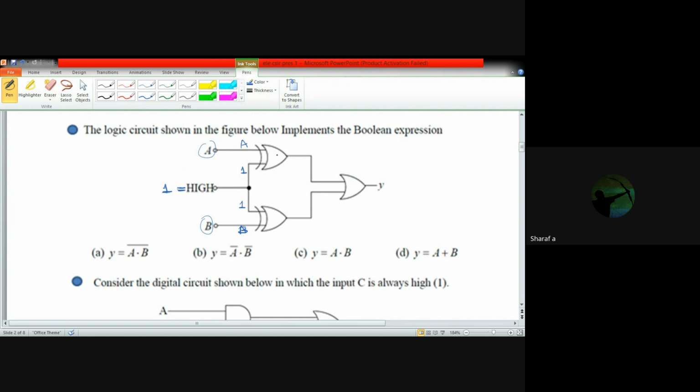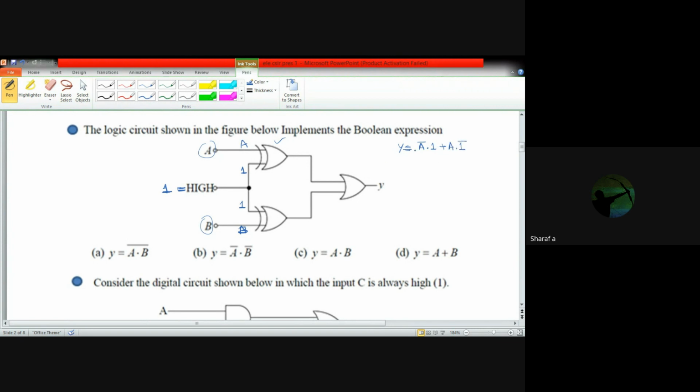Then, as you know, this is the XOR gate, and for the output of this first XOR gate, you consider this one. The output Y will be A bar dot 1 plus A dot 1 bar.